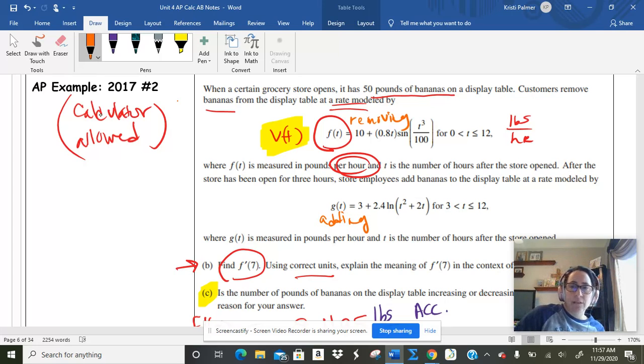So we have two things now going on, and they are both rates. So this is what I call a rate out, because they're getting removed, and this is what I call the rate in. And later we're going to deal a lot with that, rate outs and rate ins.